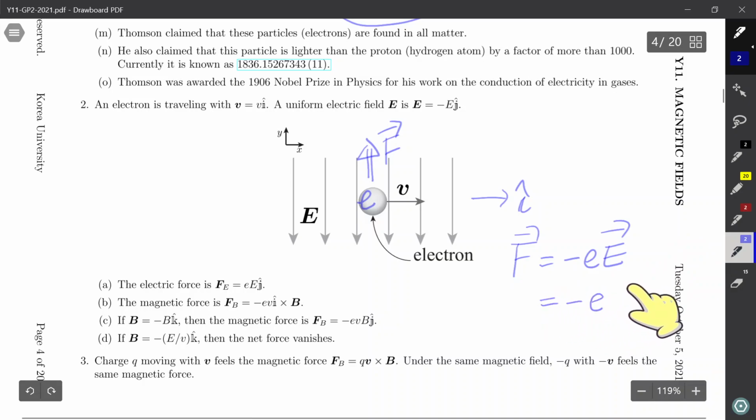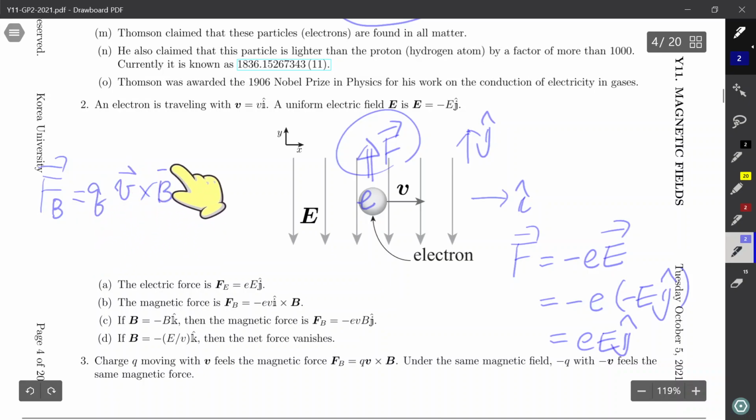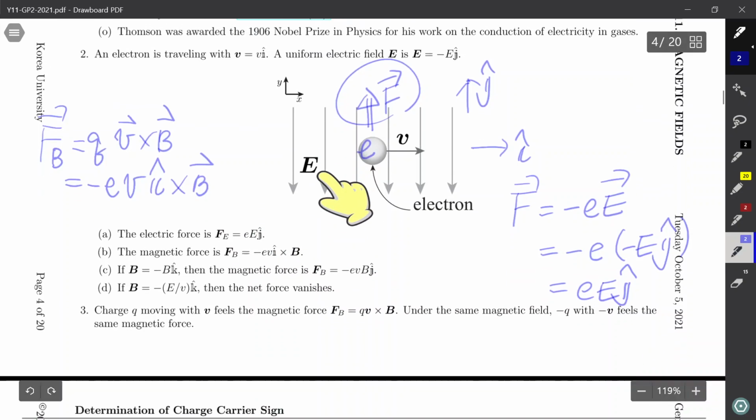Minus E, the electric field is minus E J hat. This direction is J hat. The magnetic force is Q V cross B, which is minus E V equals V I B. The direction of B is unknown.